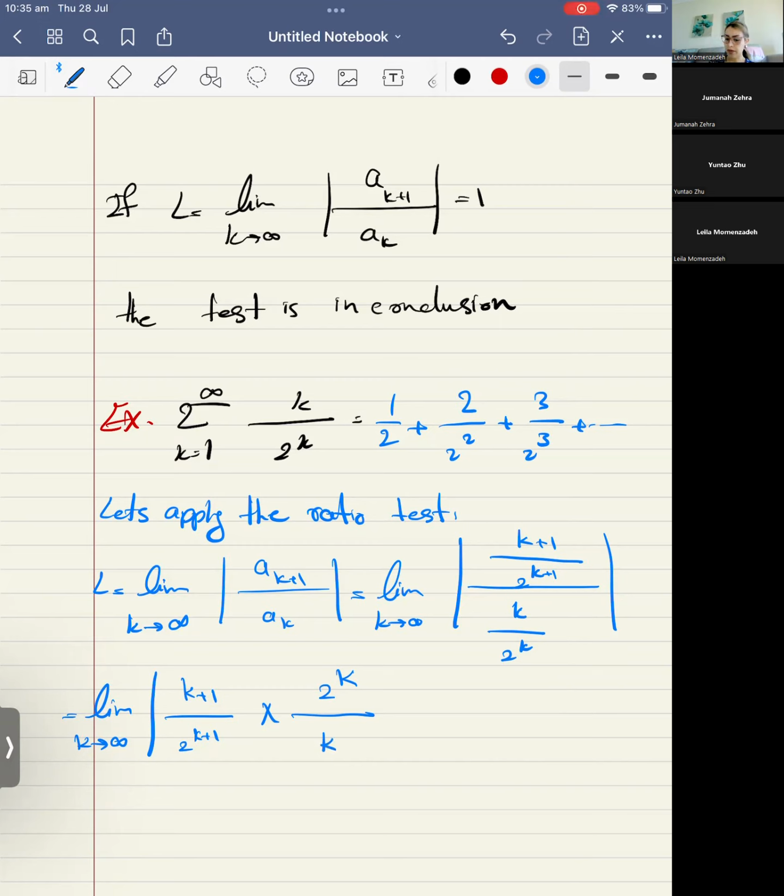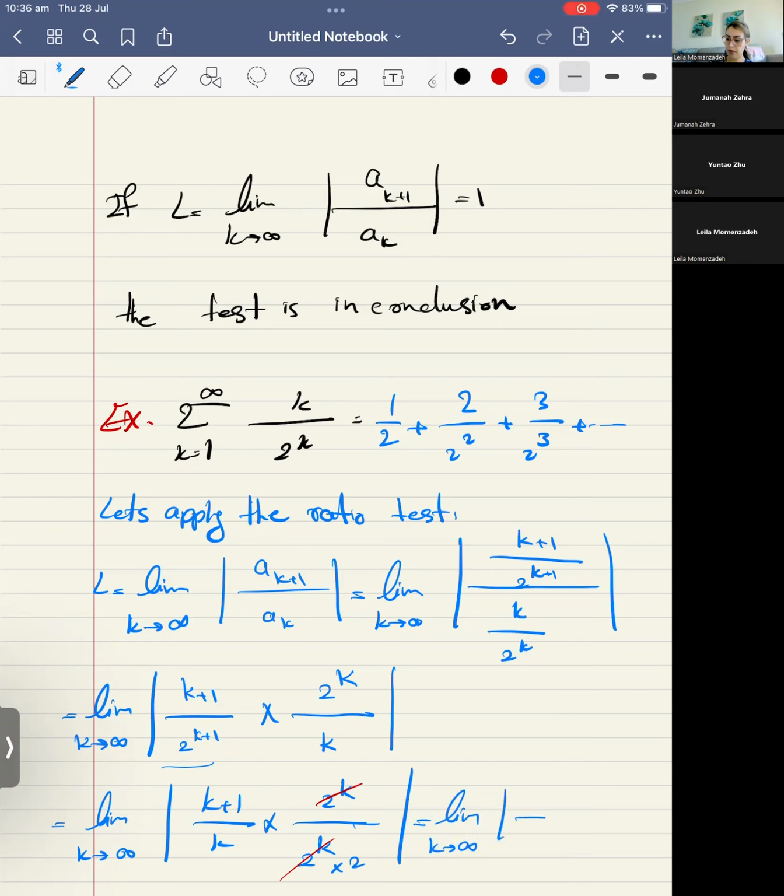Okay, I can write it like this: limit of (k plus 1) over k times 2 to the power k over 2 to the power k plus 1, which is 2^k times 2, and I can cancel this, and this one would be equal to the limit as k goes to infinity of the absolute value of (k plus 1) over 2k.